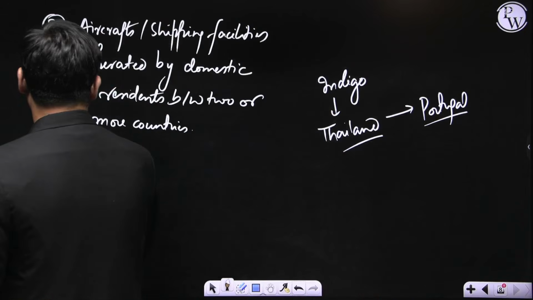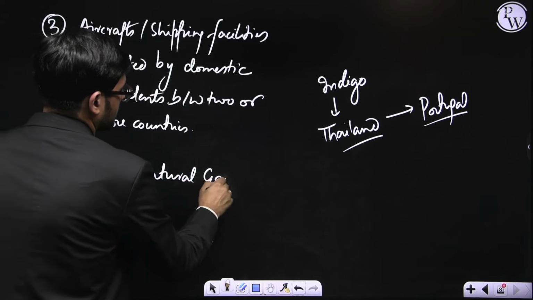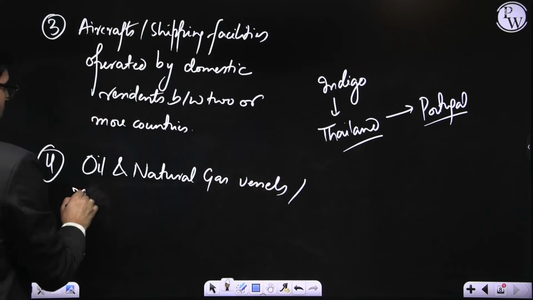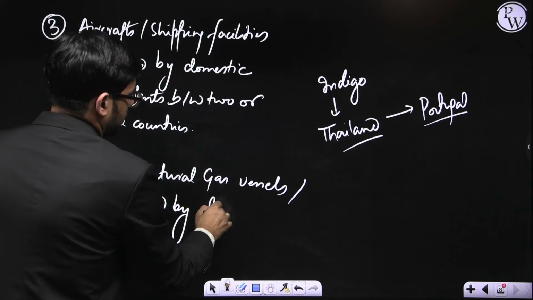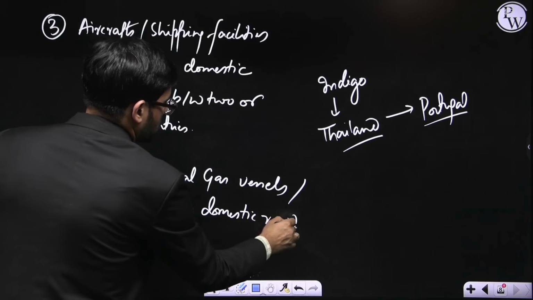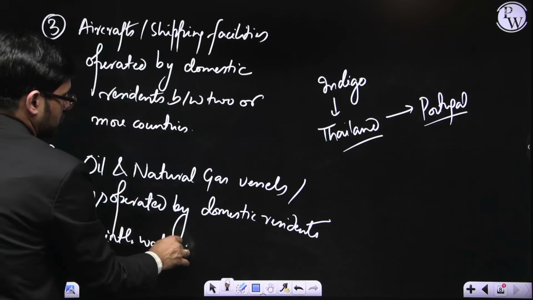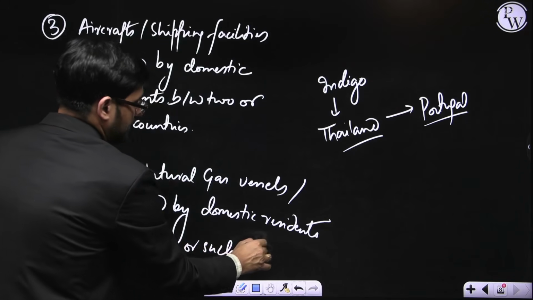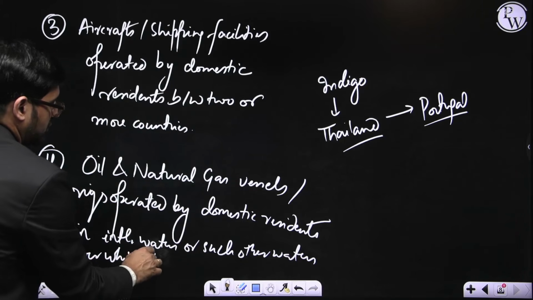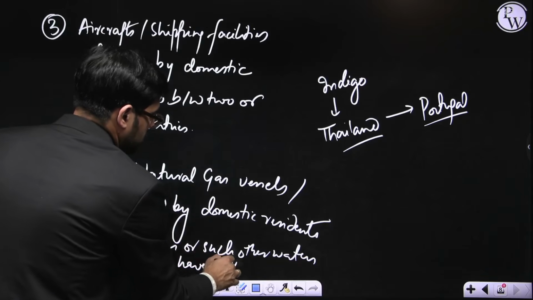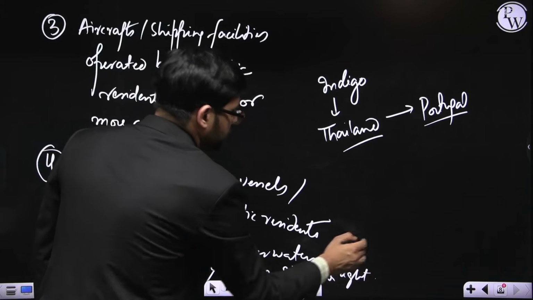The fourth part which gets included here is any oil and natural gas vessels or rigs operated by domestic residents in international waters or such other waters over which they have gotten an exclusive right to do so.